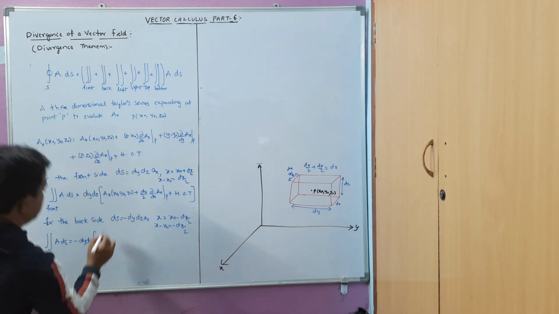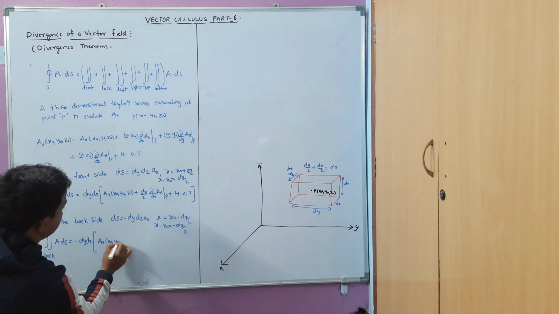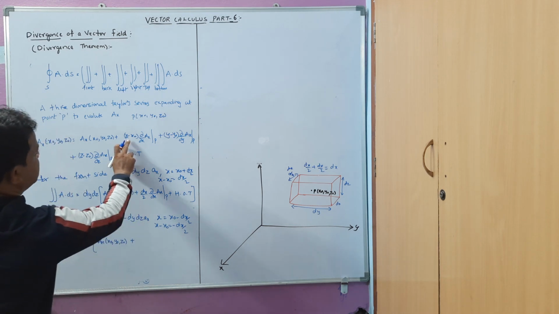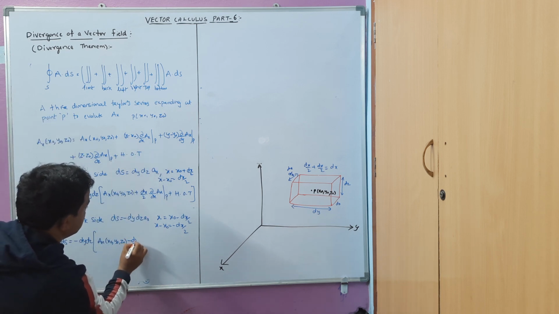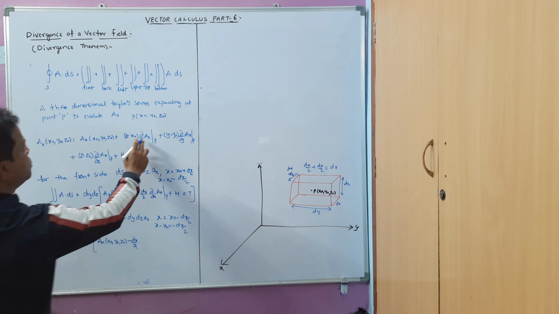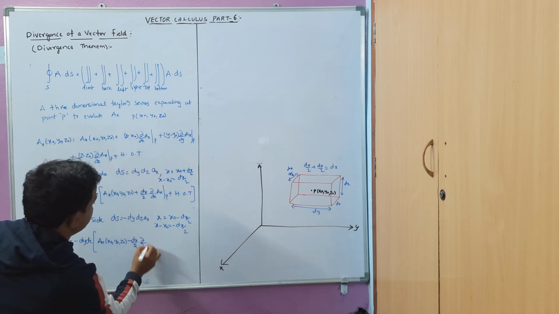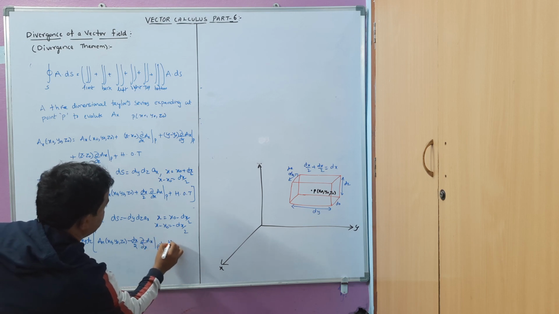I will get Ax at the point x naught, y naught, z naught, plus x minus x naught, which will give me minus dx by 2 into dou Ax by dou x at point P, plus all the higher order terms.